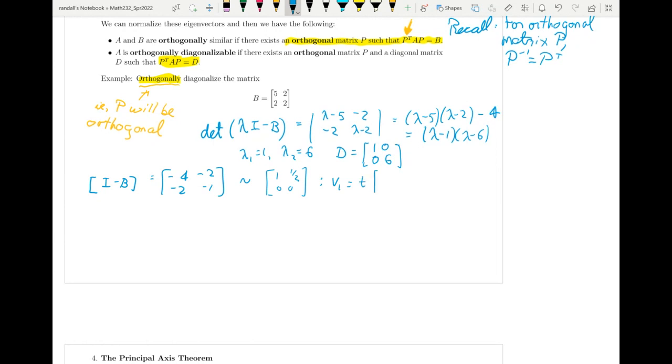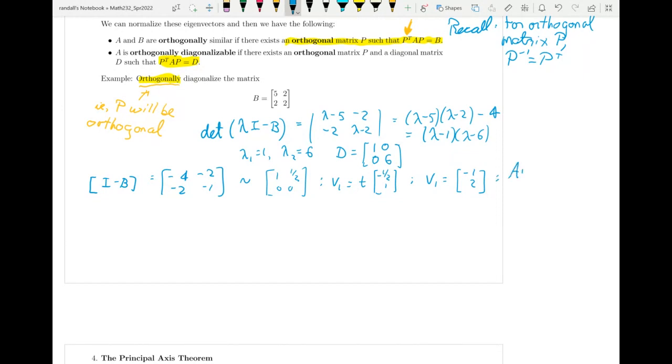Just reading off, calling the second variable x2 the free variable, you'll see I'll get minus 1 half and 1. So I'll take my V1 to be a multiple of this vector, and I'll multiply it by 2 to get rid of that fraction. So minus 1, 2, okay. That's a multiple of this vector minus 1 half 1 without fractions.